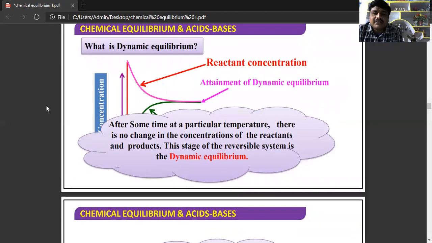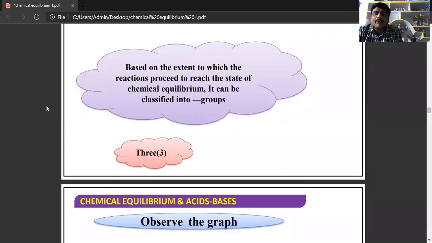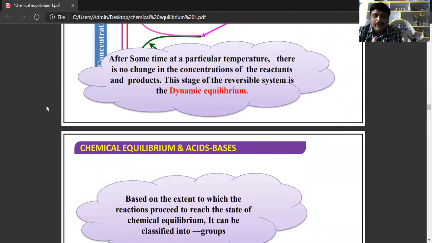After some time, at a particular temperature, there is no change in the concentration of reactants or products. This stage of a reversible system is known as dynamic equilibrium. So what is dynamic equilibrium? The equilibrium at which there is no change in the concentration of reactants or products.